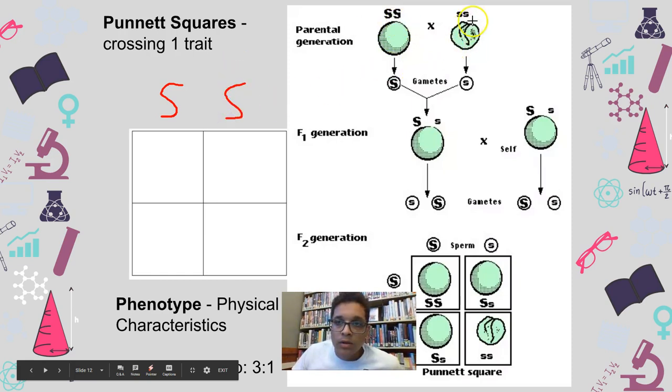And when the lowercase letter looks the same as the capitalized letter, I always put a dash over it to distinguish between the 2. And so you put this parent's alleles over here, and then it's very simple. You take 1 down, and then this one across.